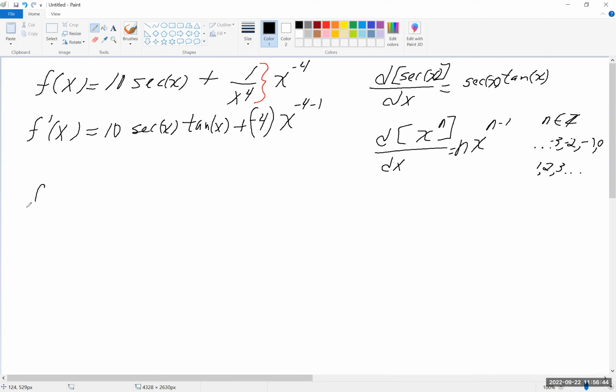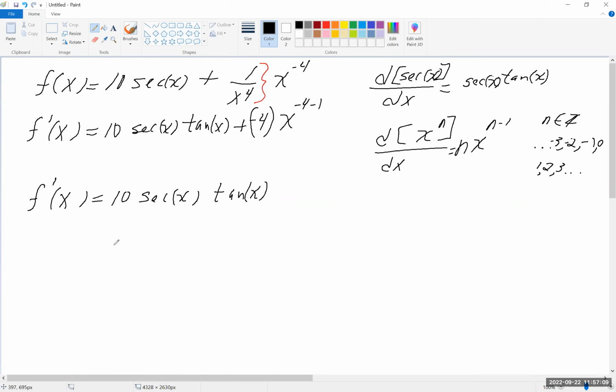So finally, and I believe this is going to be the last line. So we didn't need a whole lot of space, but it's 10 times secant of x, tangent of x.